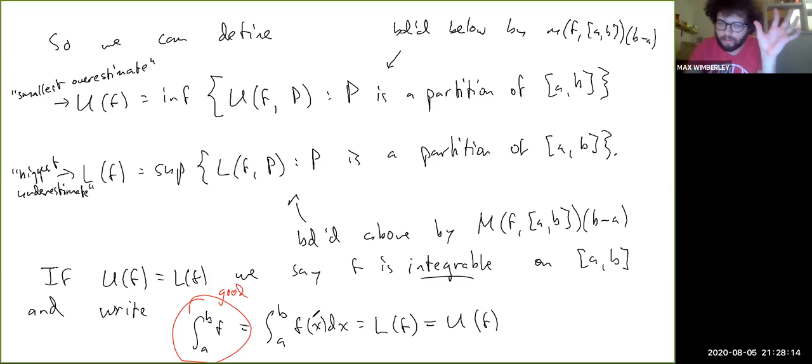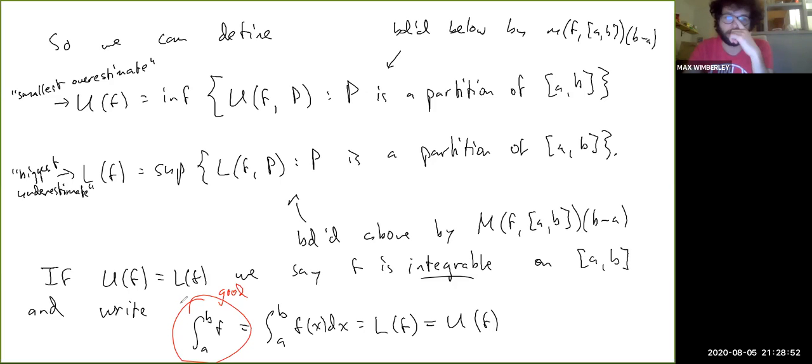The x in f of x dx is just a notational convenience that lets us do manipulations inside of the integral, and it helps us compute things. So that notation can be good for computing, but philosophically, I really think the notation without the x dx component is far superior, and I'm going to try to stick to that as much as possible, because it will help you think more clearly about what an integral actually represents.